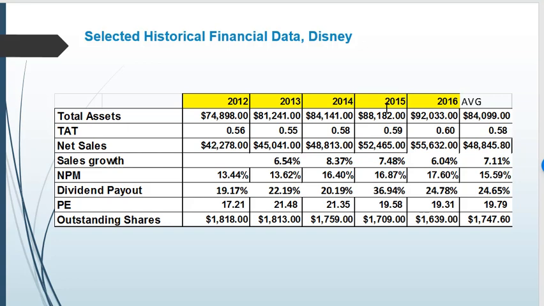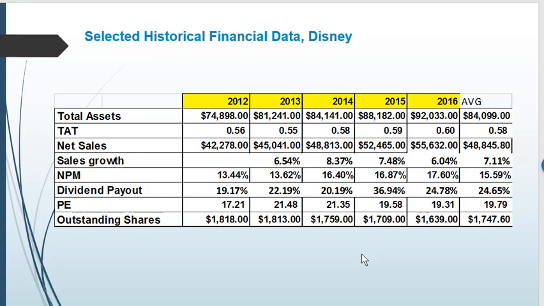Now, what this data represents is the history from 2012 to 2016 of information that was gathered either from calculation of ratios or through actual financial statement line items, and then their averages, right? So again, we have net profit margin, dividend payout, the PE ratio per year, and then obviously the outstanding number of shares per year.